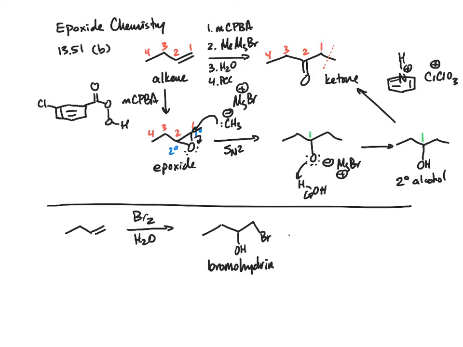This is called a bromohydrin, which you then treat with sodium hydride and THF. That will do an acid-base reaction and then the displacement.